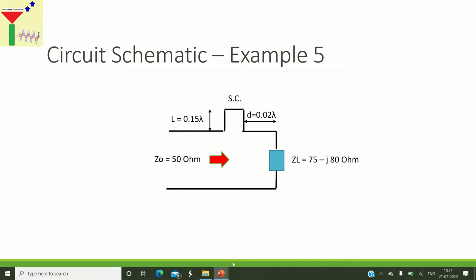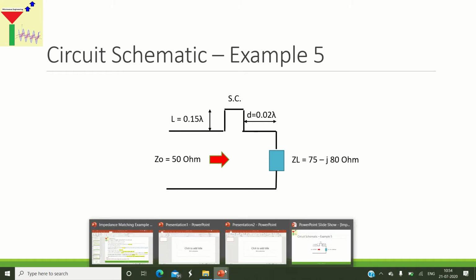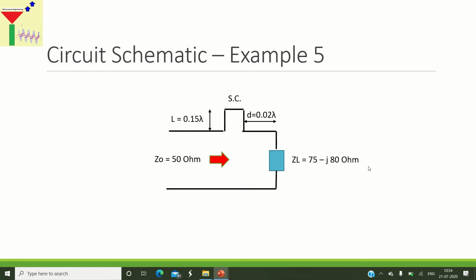What I request you to do is this: as I already explained, the same thing you can do with the second design point, wherever it intersects the unit resistance circle.